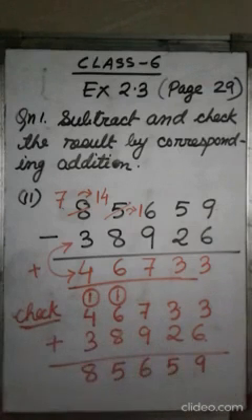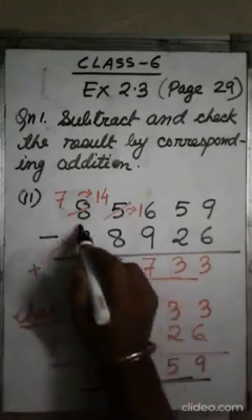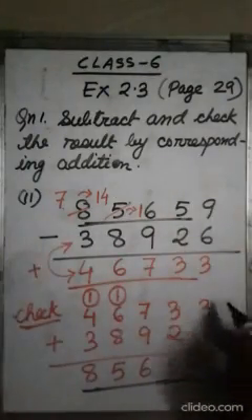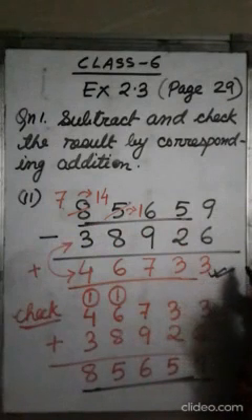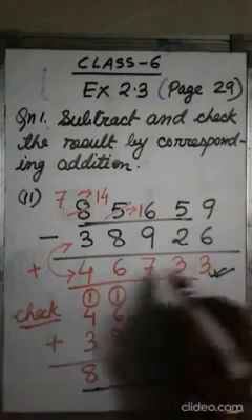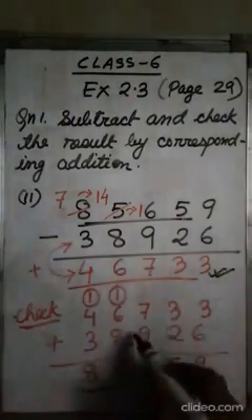So you see, this number is same with this number. It means the result we have got for subtraction is correct. So you have to check if the subtraction is correct or not, like this.